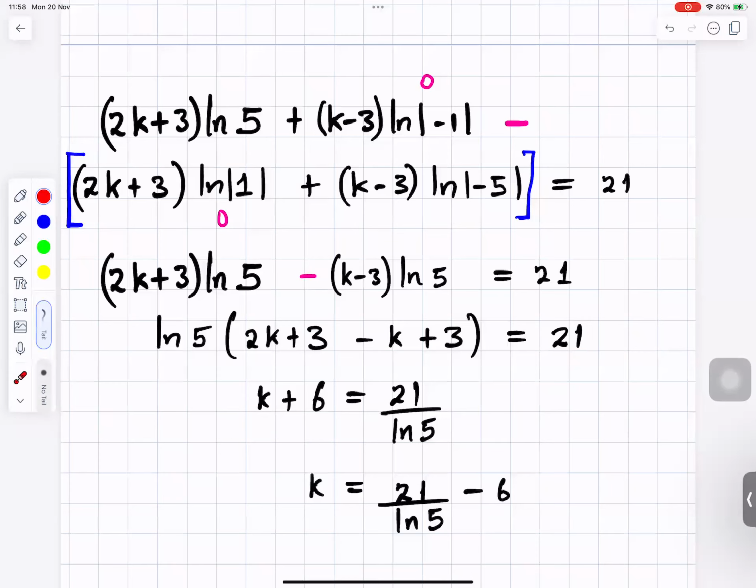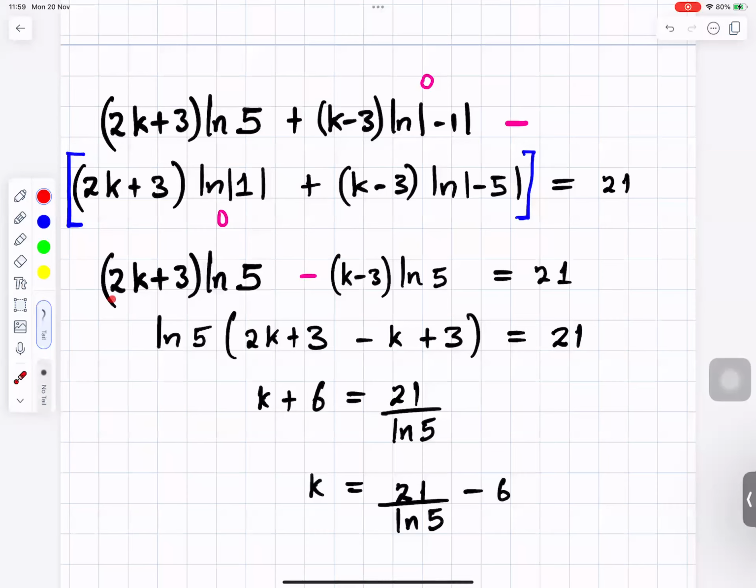That's the plan. So when we do that, you've got 2k plus 3. Ln of 1 is 0, so that disappears. And k minus 3, ln of the absolute value of minus 4 minus 2, minus 5.